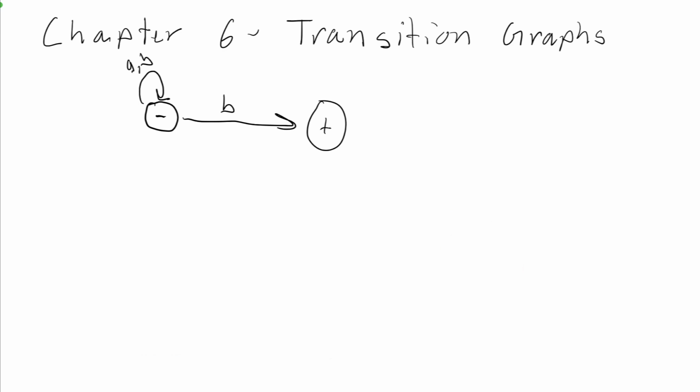Now, once again, just like with finite automatas and regular expressions, we have a new way to define languages called transition graphs, and there's going to be two things that you'll need to do. One, look at a transition graph and decide what language it accepts, so come up with an English description of what this language accepts. And the other thing is doing that in reverse, taking a description and generating a transition graph.